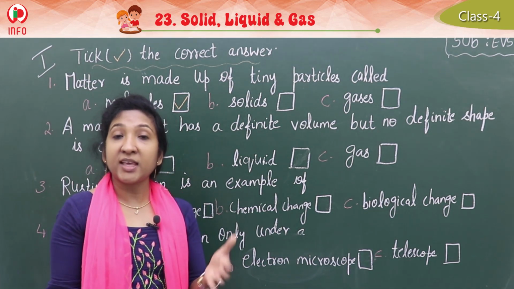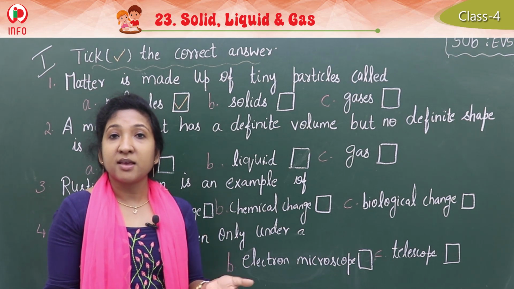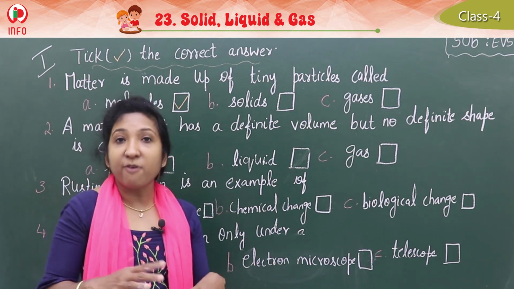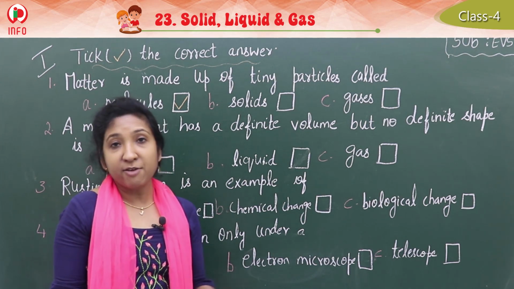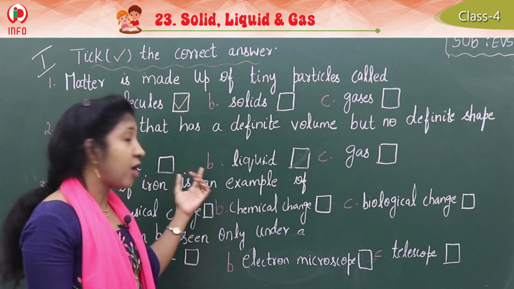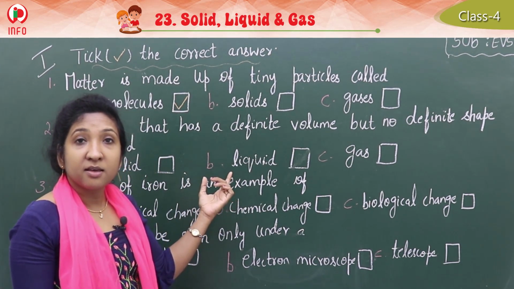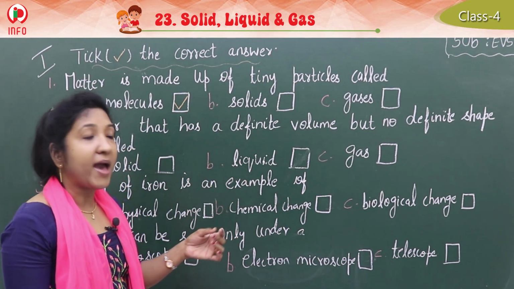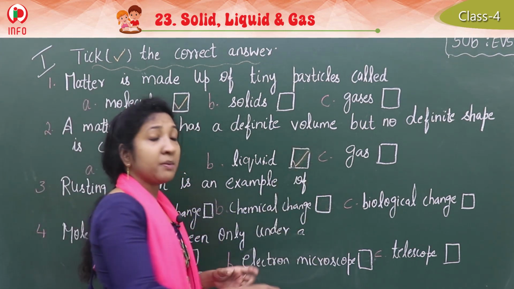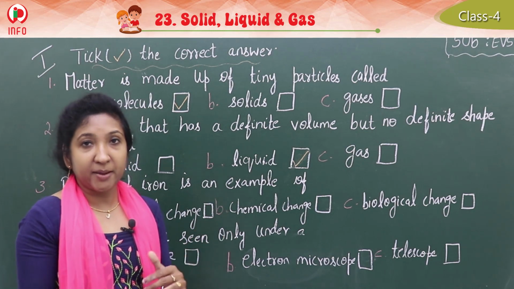So they flow, they can move, isn't it? They do not have any definite shape, they take the shape of the vessel, but they have definite volume. So the correct option is option B, liquid.